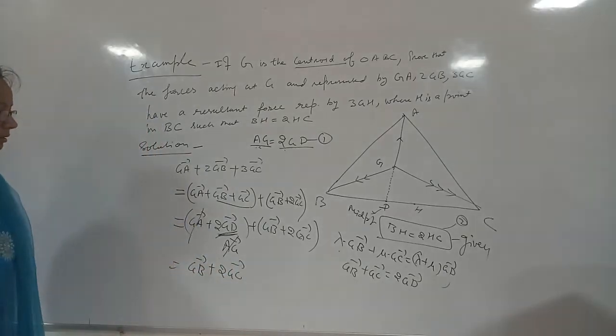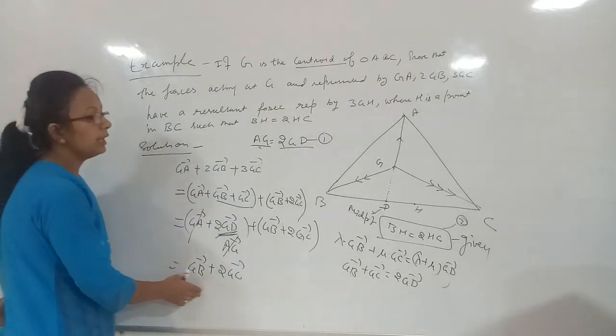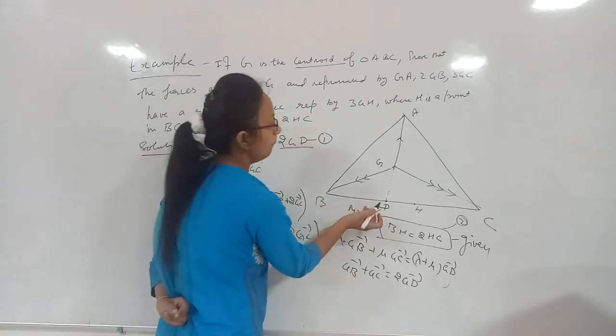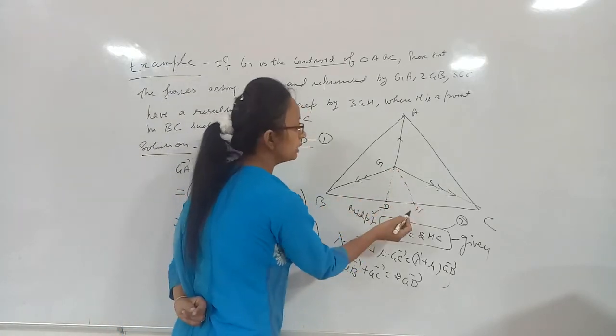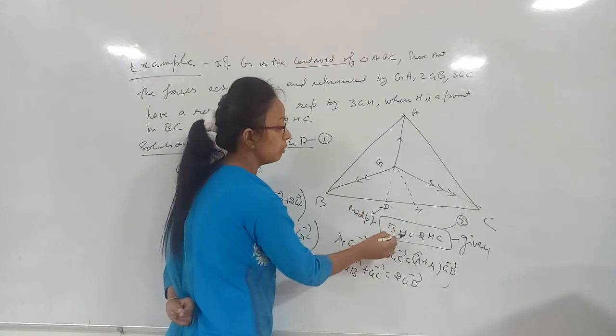Now what is GB plus 2 times GC? Again we will apply the lambda mu theorem here, but now with GH, because H is any point satisfying equation number 2.